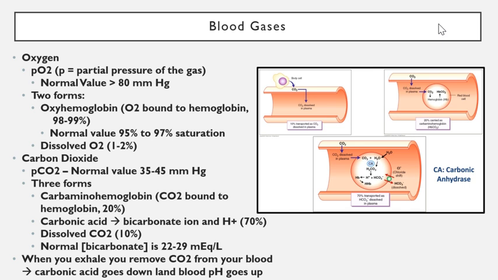Long story short, if this means nothing to you, all I'm saying is that carbon dioxide in the presence of water gets converted to this right here, which is carbonic acid, if you've ever heard of that term.